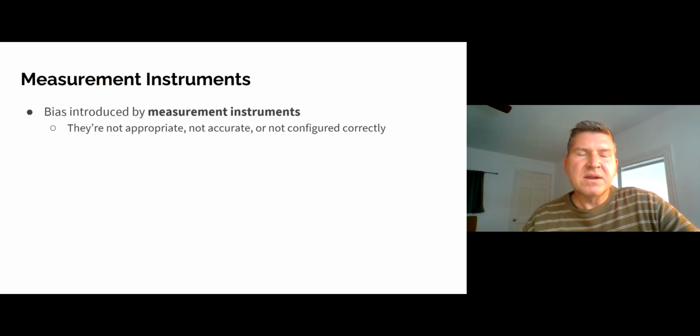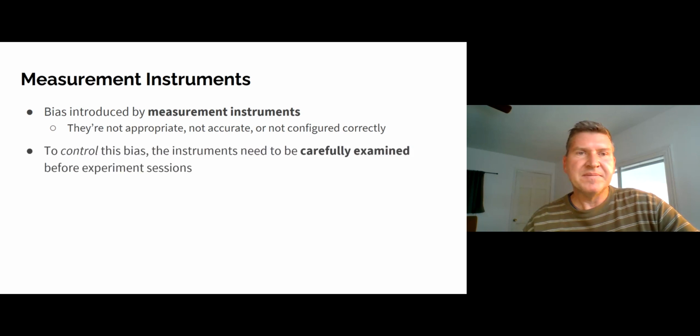I use a lot of eye tracking devices, and one of the problems is they need to be calibrated. When they're not calibrated, it's very difficult to know this until you're well into the experiment. So the calibration takes some skill, and if it's not calibrated correctly, it can introduce bias.